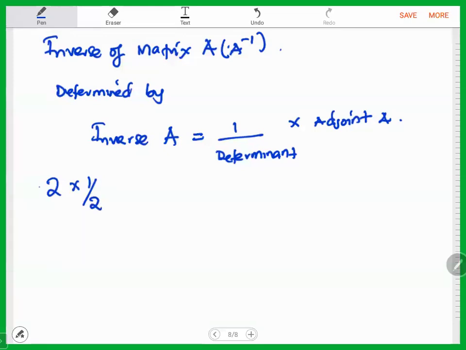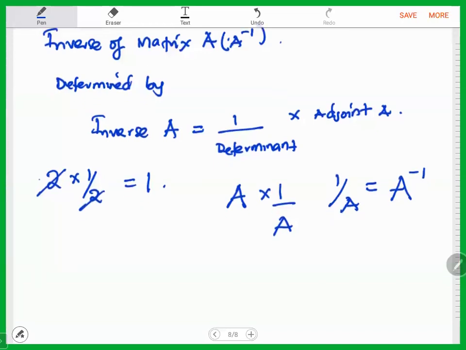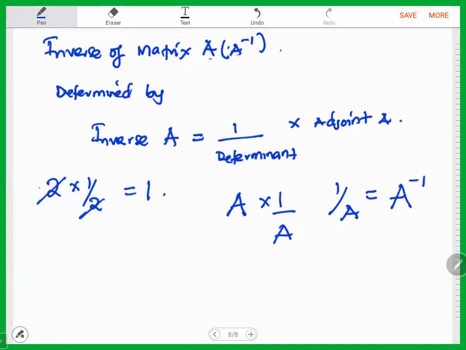So when you get a matrix times its inverse, that gives you a 1 always. When I have matrix A times its inverse, which is 1 over A, now 1 over A can also be written as A to the power -1. That is why it is written as A times A^-1.